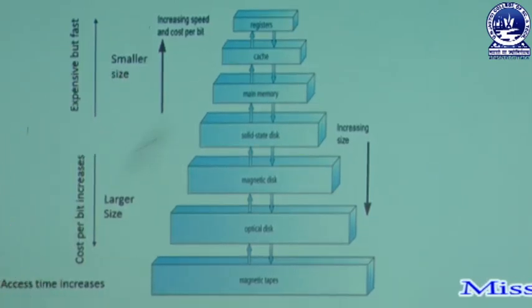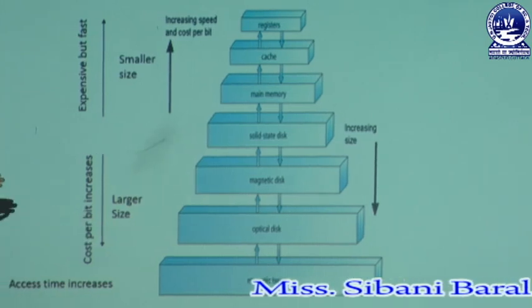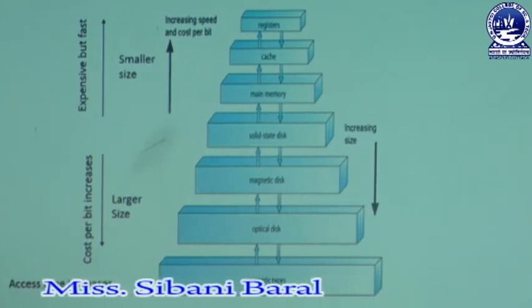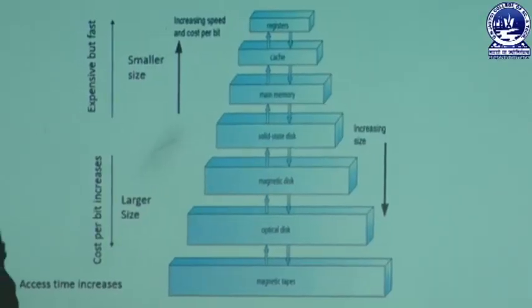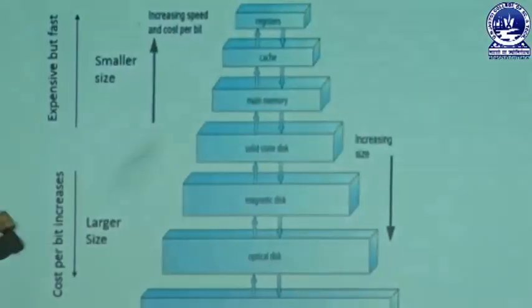When you go downwards, the cost per bit increases and the access time also increases, and the size of the devices goes larger. So if you want small size and fast access, you have to go upwards. If you want large size to store more data, then you have to go downwards.